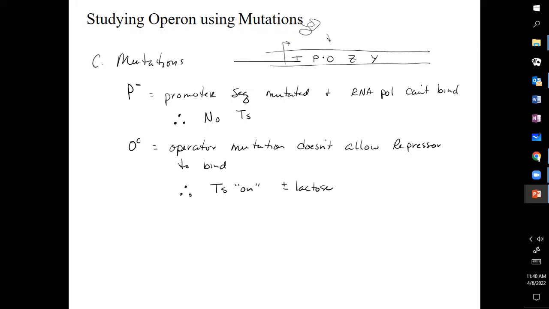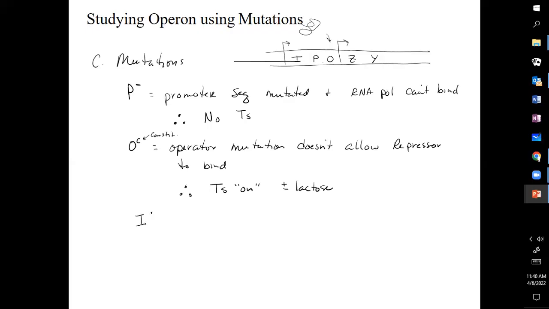That means that the transcription of these genes is going to be constitutive. So this stands for constitutive. Remember what that means. So this is a constitutive mutation. This mutation that doesn't allow repressor to bind allowed the genes to be transcribed and expressed all the time. So that suggested that this, in its normal state, was involved in a repressor type system.